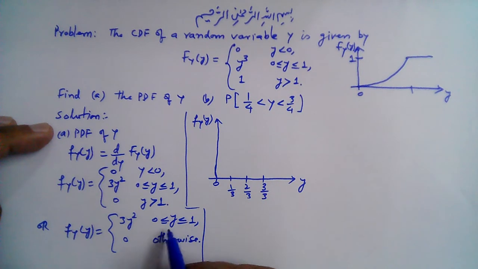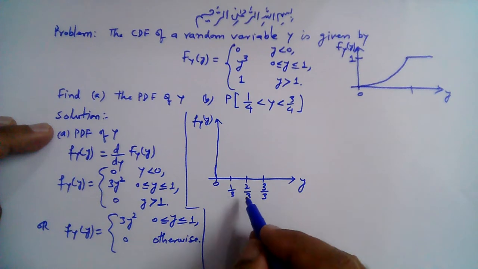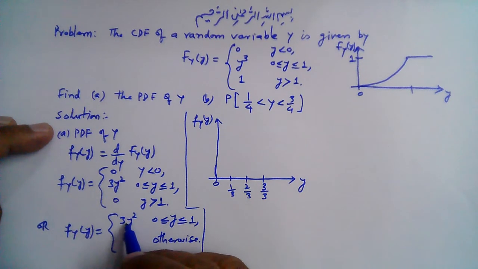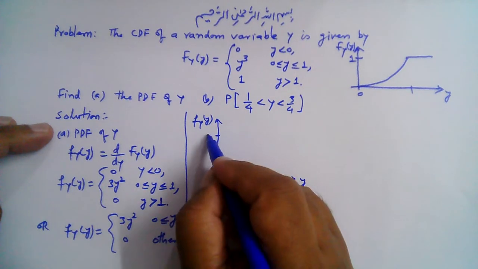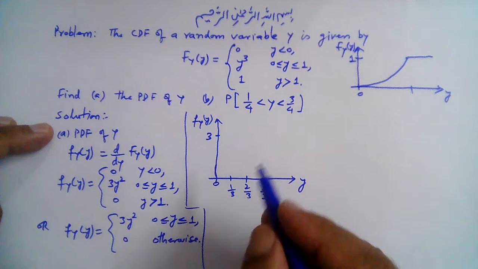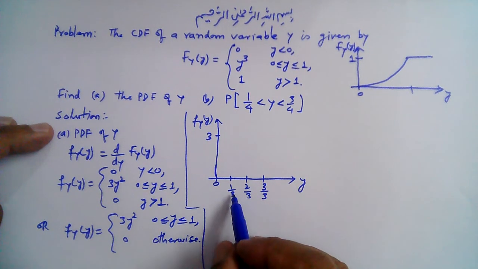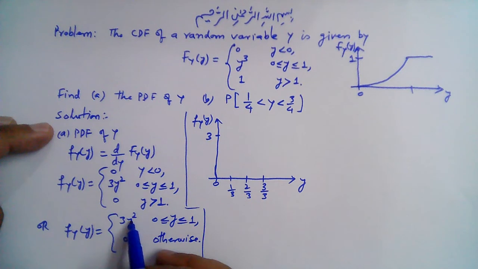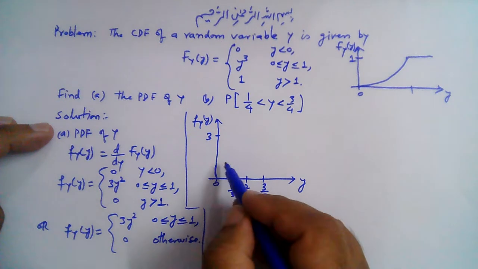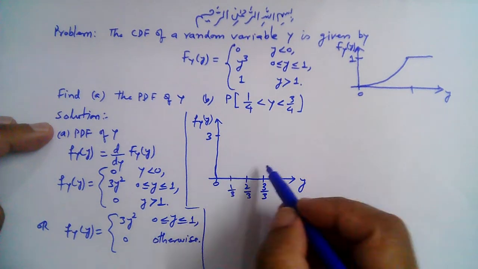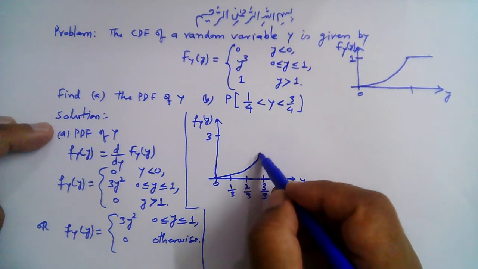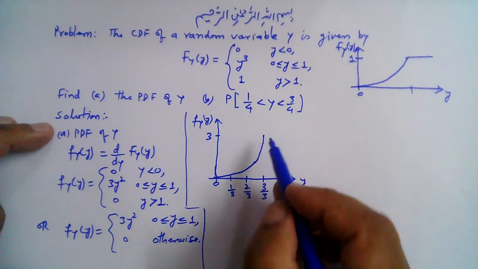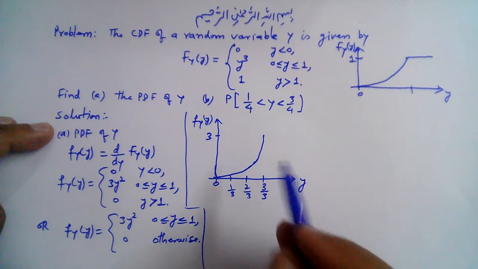Otherwise, beyond that, this is 0. At 1, if we put 1 here, this is 3. At 1/3, this will be 3 times (1/3) squared, so that will be 1/3. So the graph is something like this, and for other values this is 0.